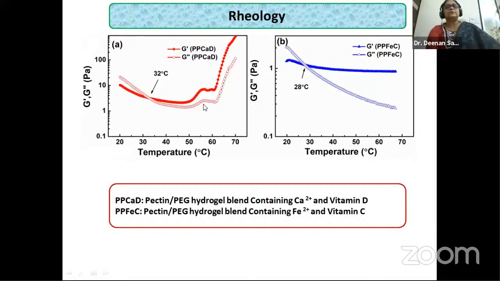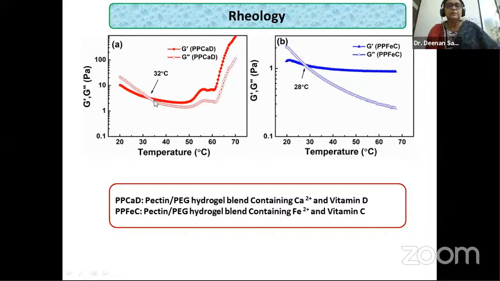If you see this PPCAD, that means the pectin PEG hydrogel containing calcium and vitamin D, the gelling temperature, when it becomes semi-solid, is 32 degrees centigrade. More importantly, G prime is the storage modulus and G double prime is the loss modulus.